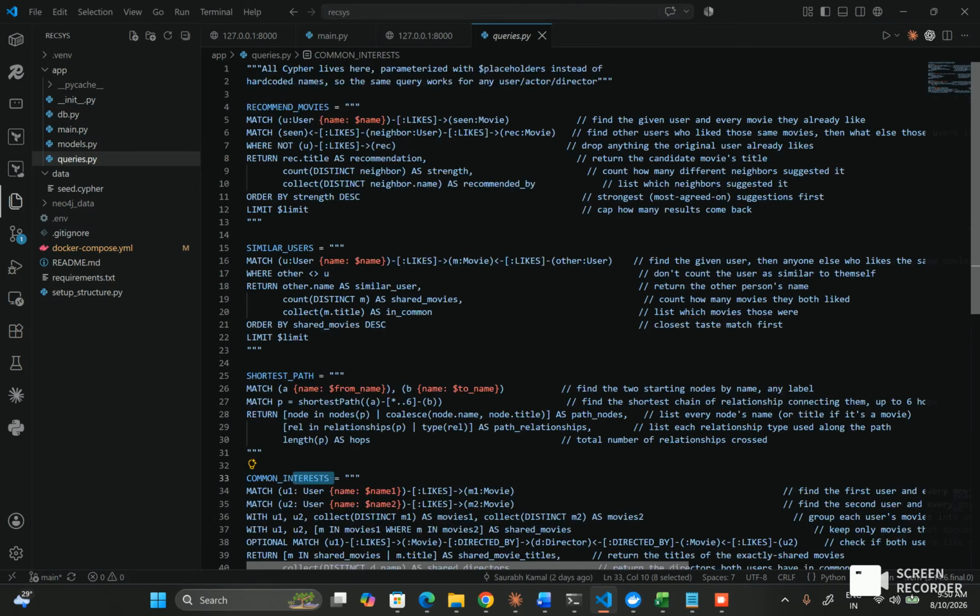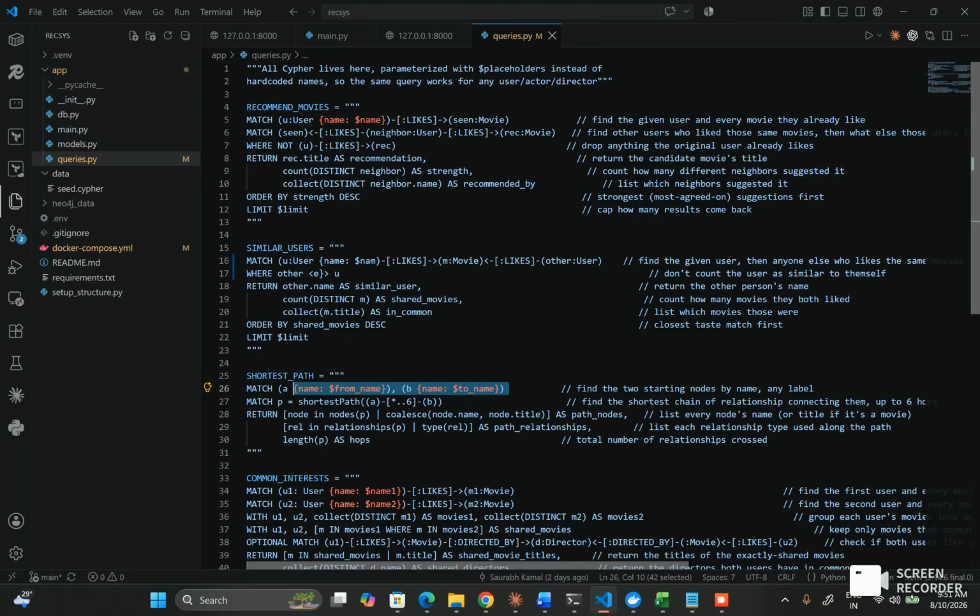Now, as I told you before, every query behind the four features is parameterized with dollar sign placeholders instead of hard coded names.